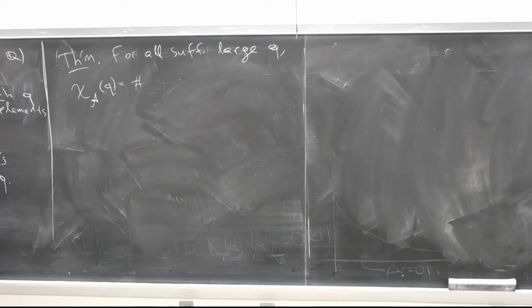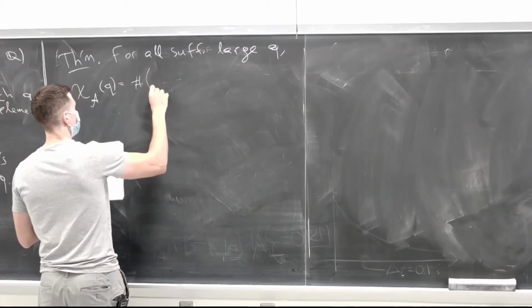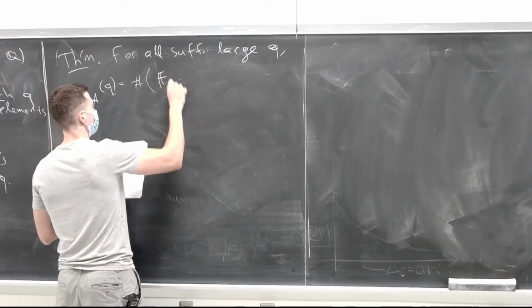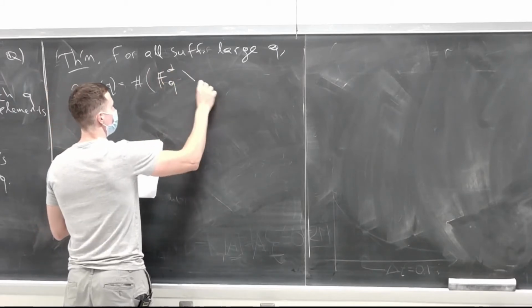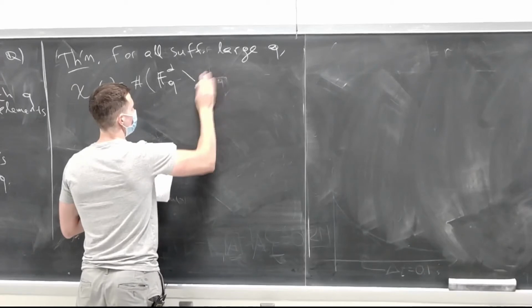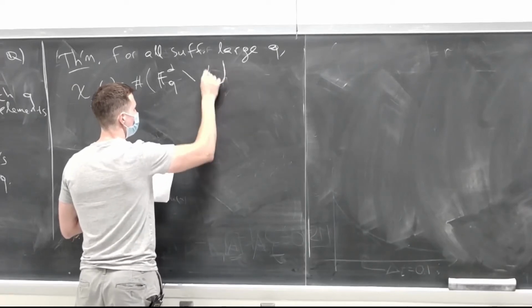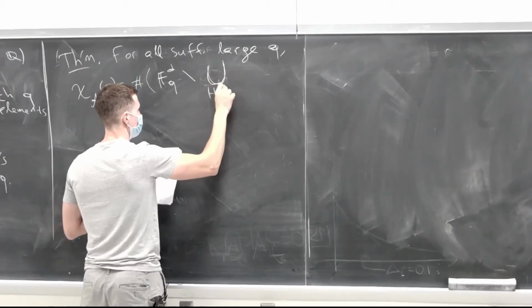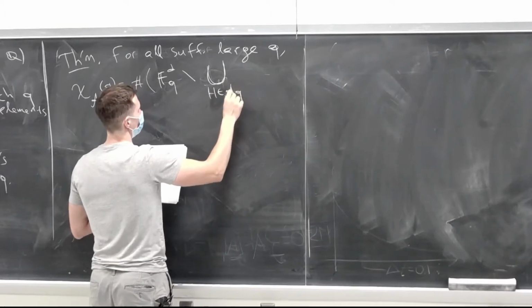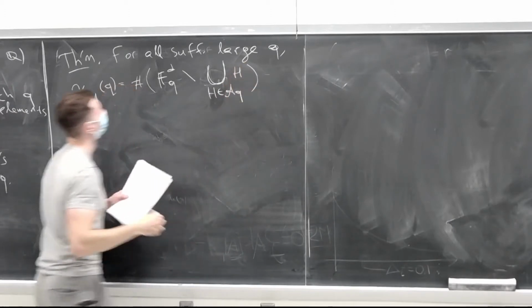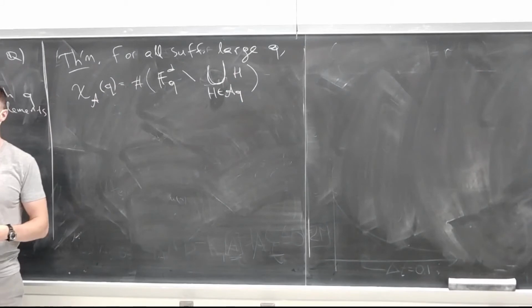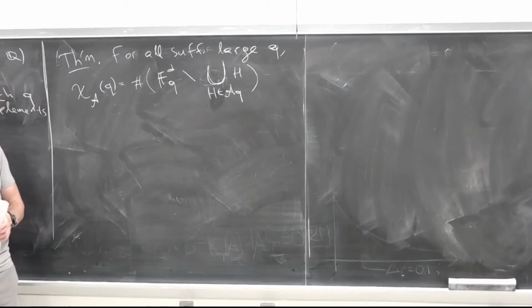What you do is you just remove all hyperplanes from this finite set, and you count how many points you get. It is the size of the complement of the union of all hyperplanes in your A_Q arrangement inside F_Q^d. So that is the claim.